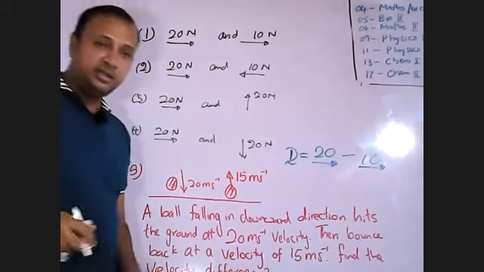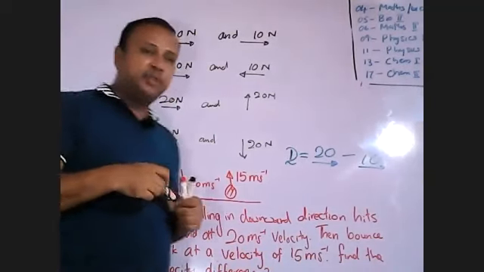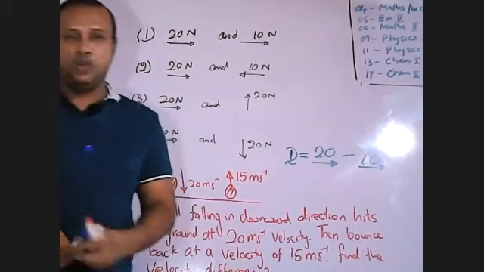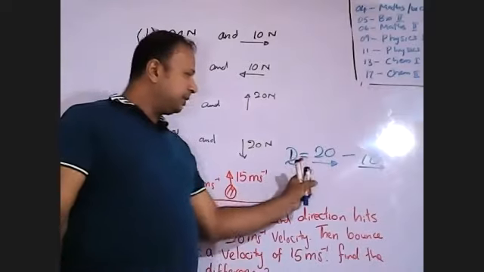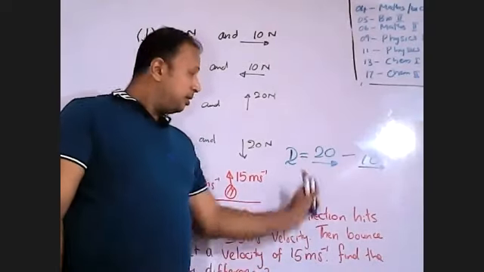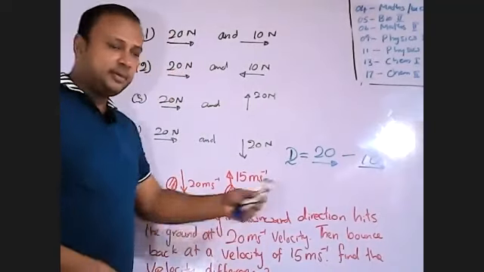Both are in the same direction. Actually, it is easy. If both are in the same direction, then the magnitude should be equal to the difference in their magnitudes. That means 10.